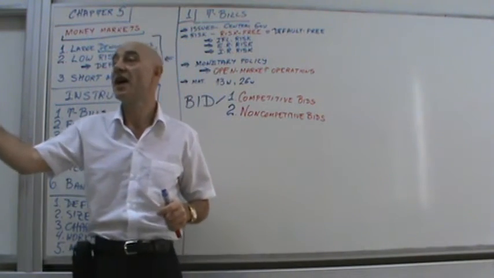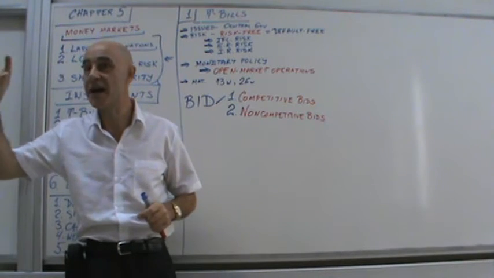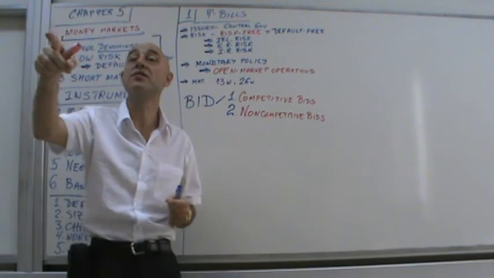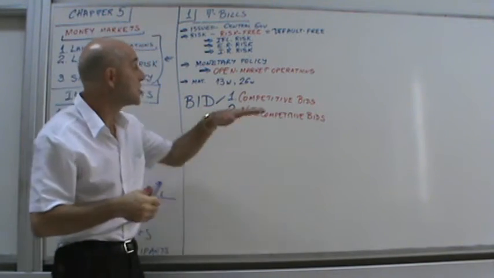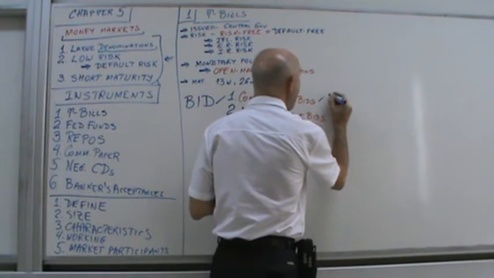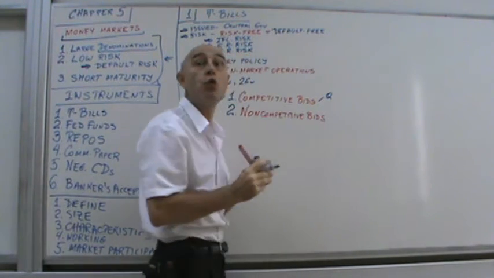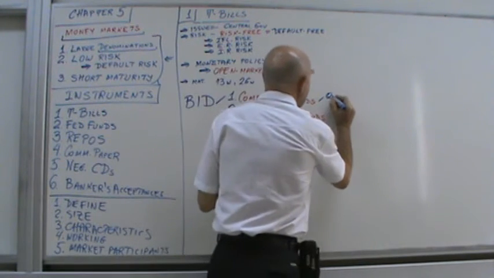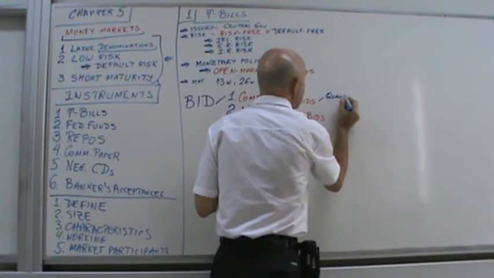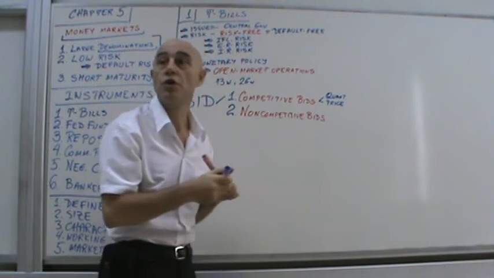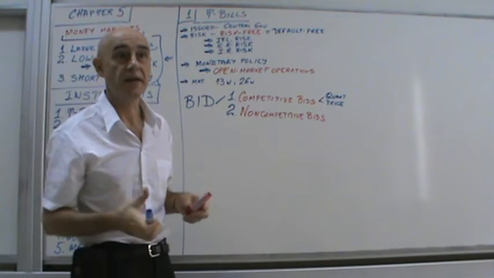You want $500,000 at that price. You want 20 million at that price. And you want 50 million at that price. So a competitive bid will provide both the quantity, the size, how much you want to buy, and the price you want to pay.